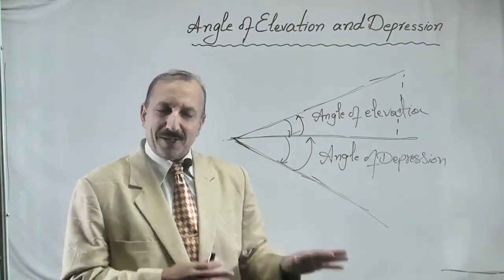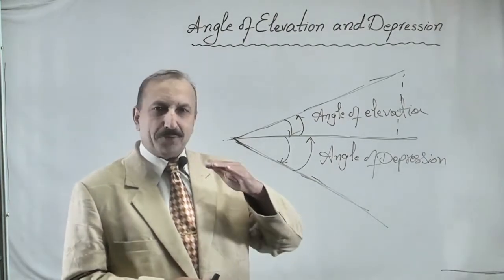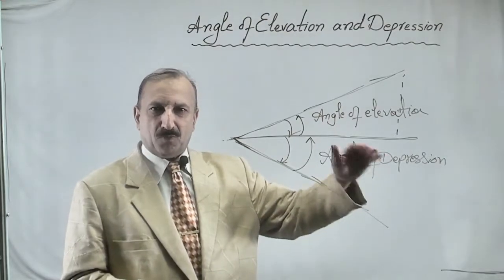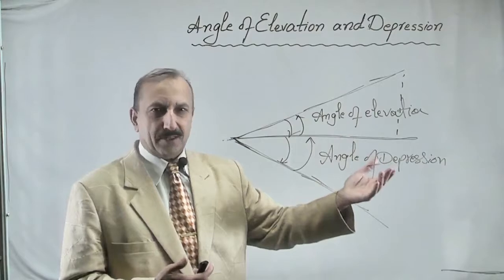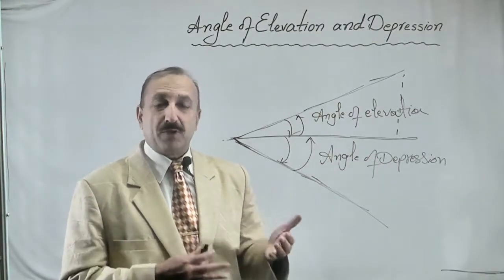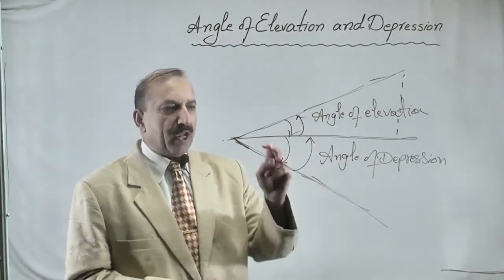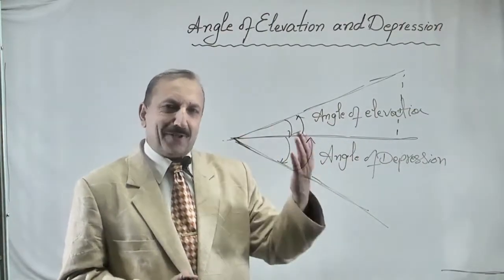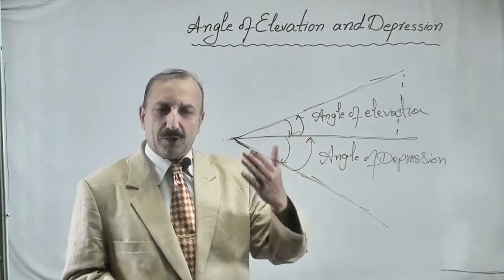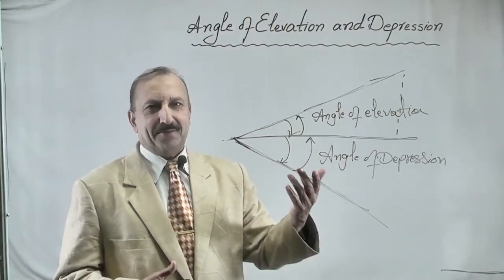So it means the line of sight first provides you the horizontal level, whatever you define it to be, and that horizontal level now clarifies the concept of angle of elevation and depression.